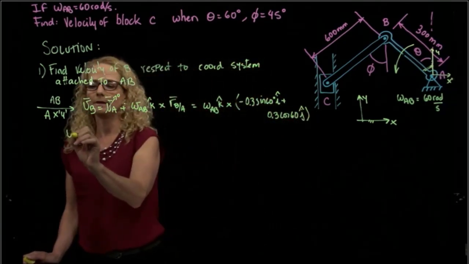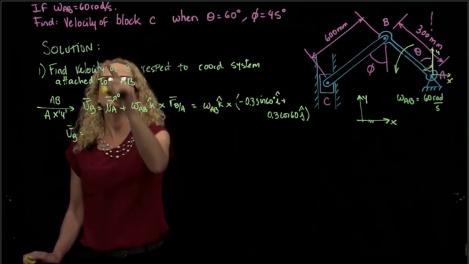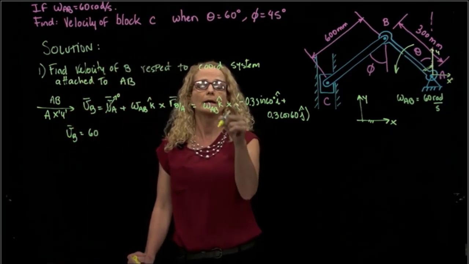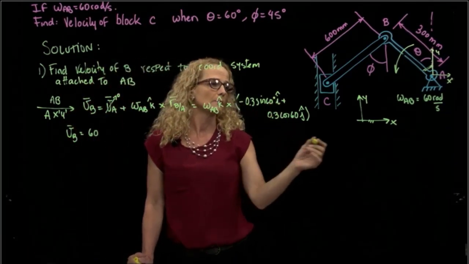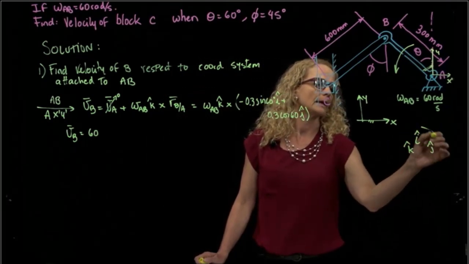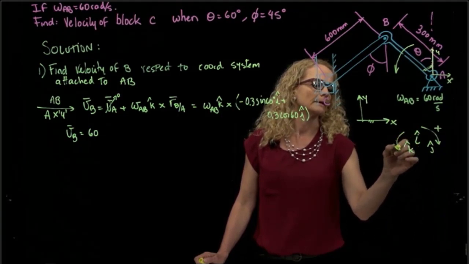The velocity of B would be, so the angular velocity is given, which is 60, and then I have to multiply K times I. You remember, I always use I, J, K. In this direction it is positive, and in this direction it is negative, right?